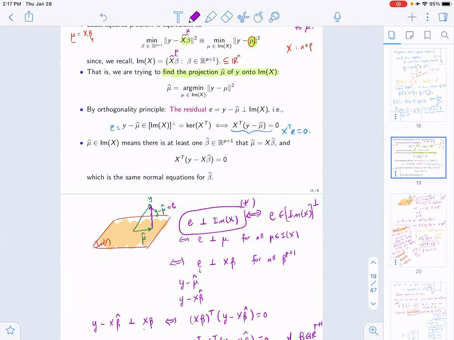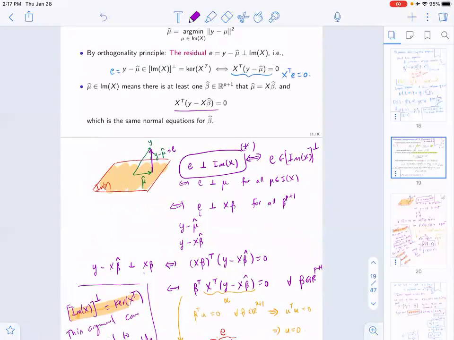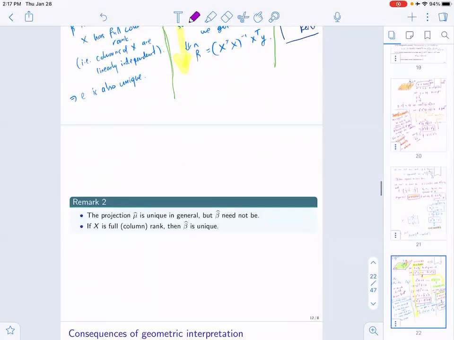So we form this, and once you have these fitted values, you can also get beta hat. Basically, you can solve this linear system of equations and find beta hat. Or you can just write this down, and beta hat comes out as the usual formula. One point to make is that this projection, the vector of fitted values, is always unique.